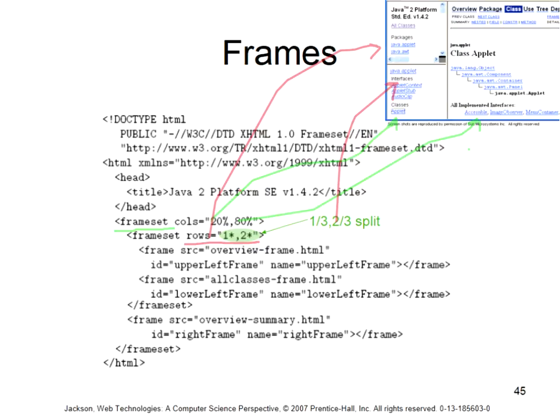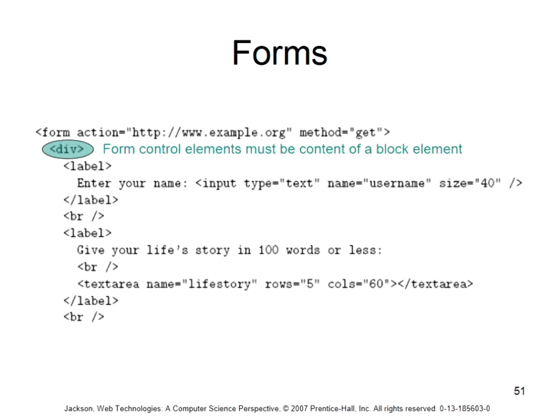For example, here the file is all classes frame.html for this frame. For the second frame is overview summary.html. For the first one, overview frame.html, etc. But when I use frame, I must specify frameset.dtd as a doc type. Frameset.dtd.